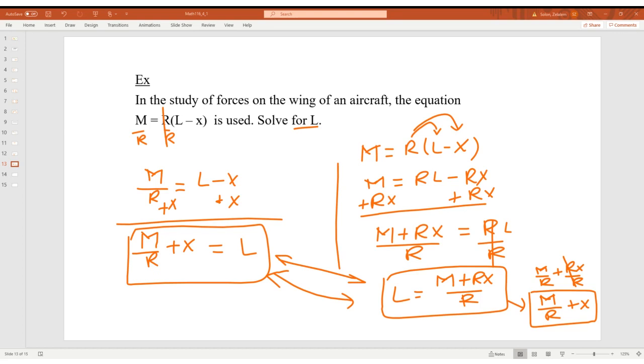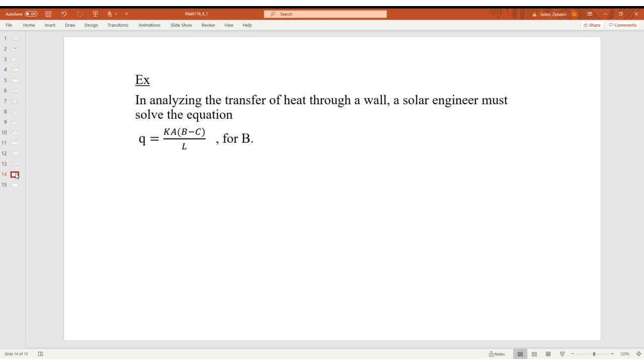Now let's go to the next question. Here is the problem. Right now it is 7:01, so work until 7:06 or 7:07. Then we'll work on the problem together.